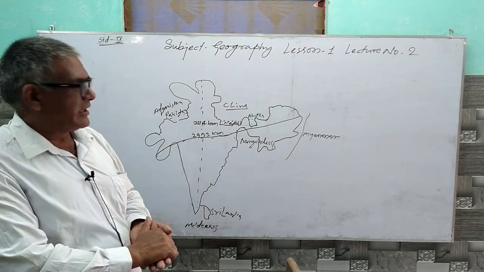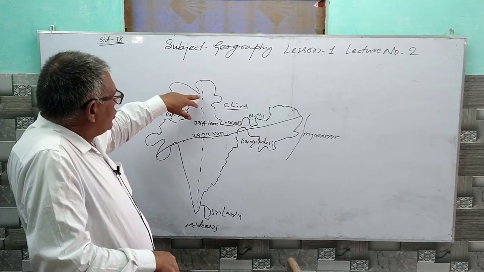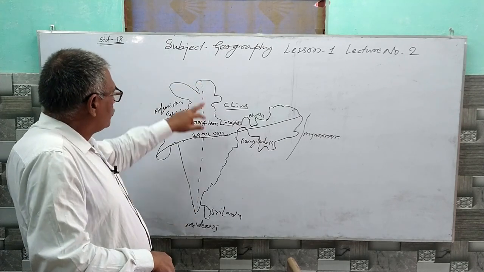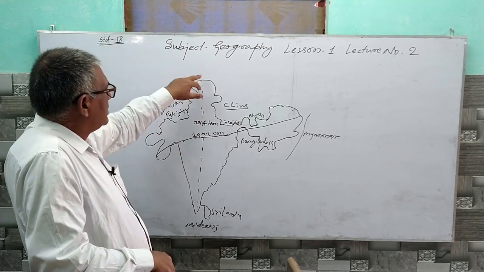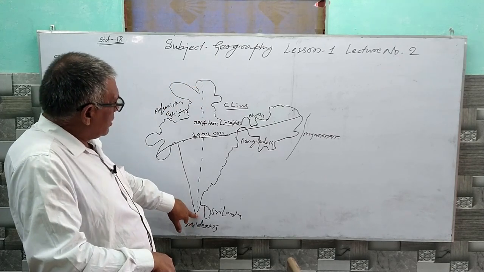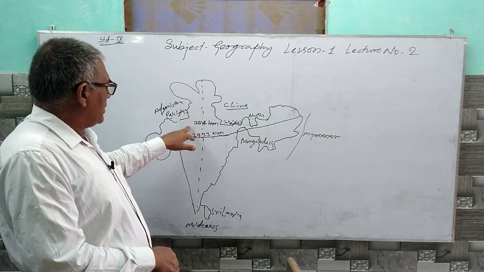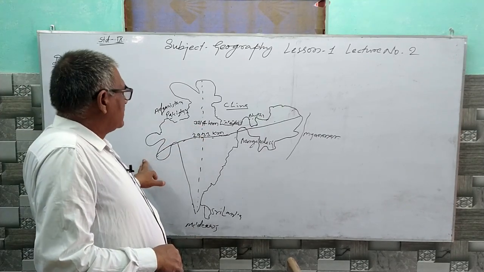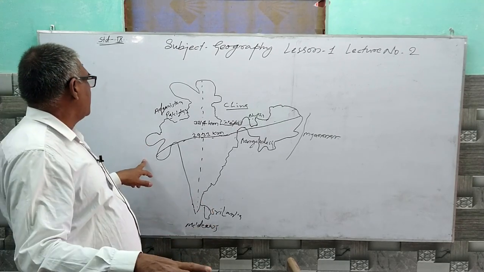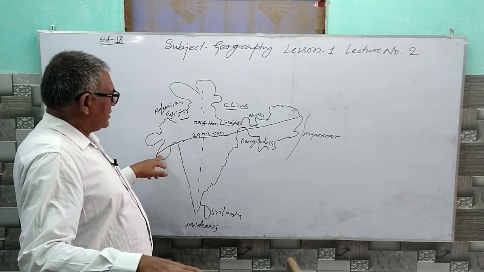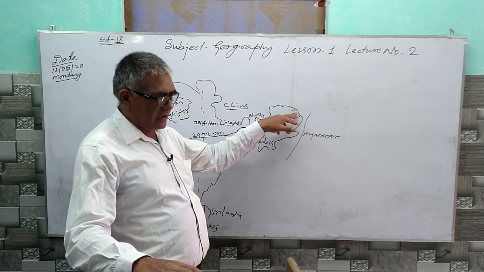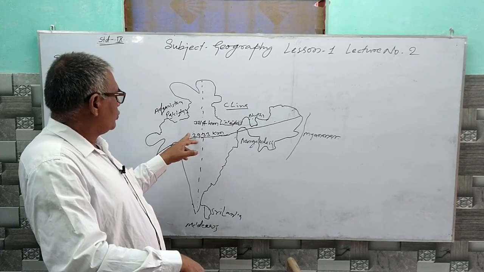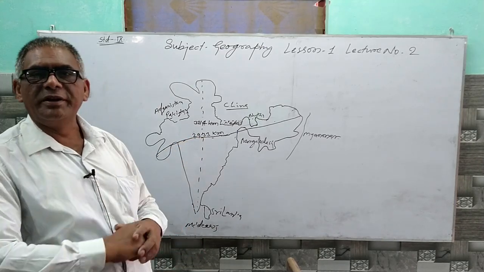You have seen that India is a large country whose length from north to south, it means from Kashmir to Kanyakumari, is 3,214 kilometers, and the width of this country from Gujarat in the west to Arunachal Pradesh in the east is about 2,933 kilometers.